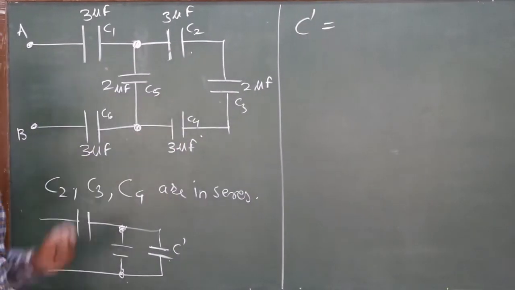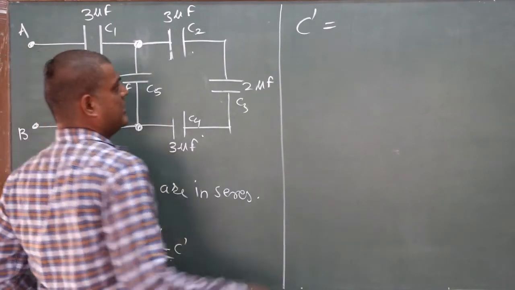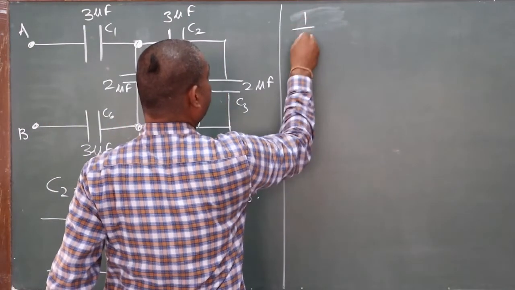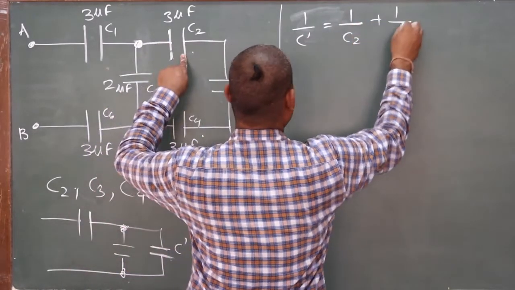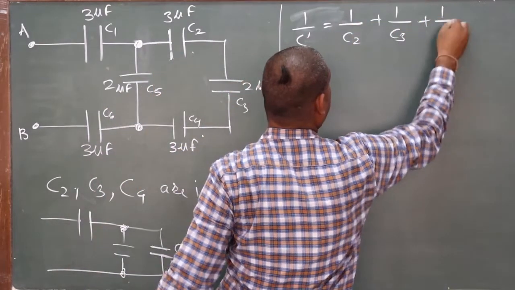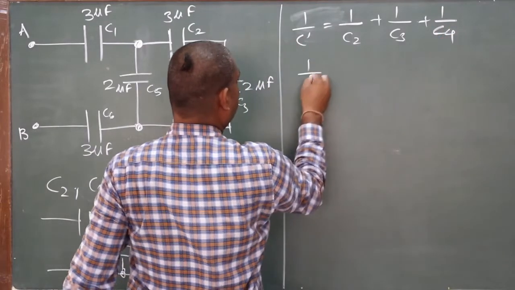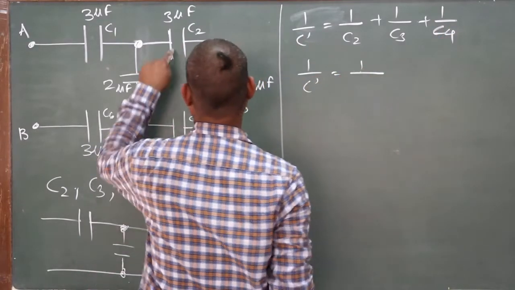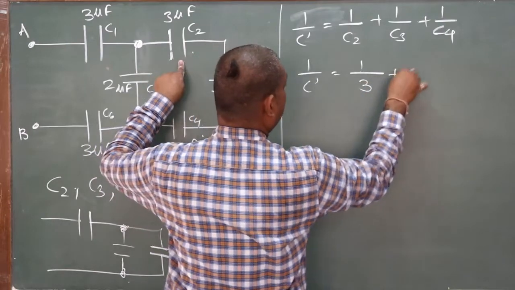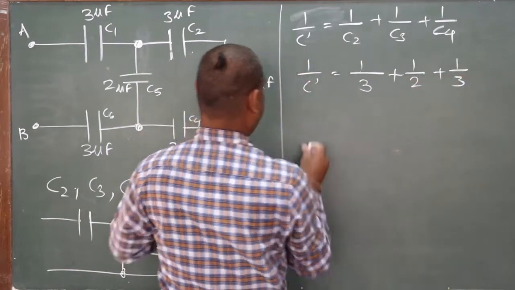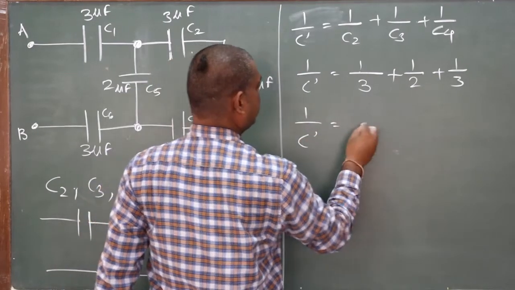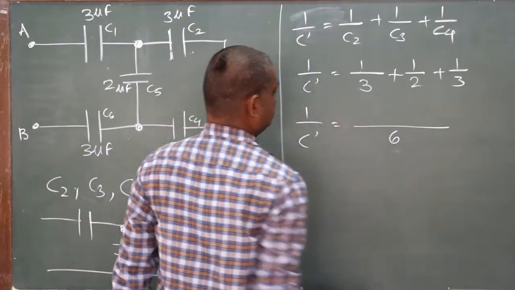These 3 capacitors are in series combination. So we will write like this: 1 by C dash equal to 1 by C2 plus 1 by C3 plus 1 by C4. So 1 by C dash equal to, what is C2? It is 3 microfarad. What is it? 2 microfarad. It is 3 microfarad. So 1 by C dash, taking the LCM, it becomes 6.